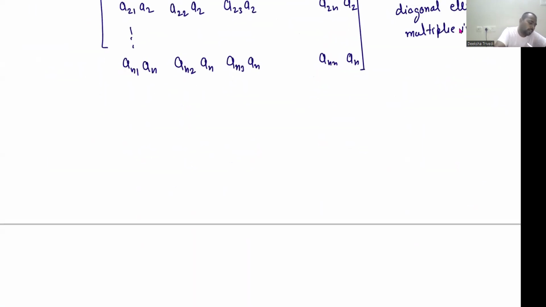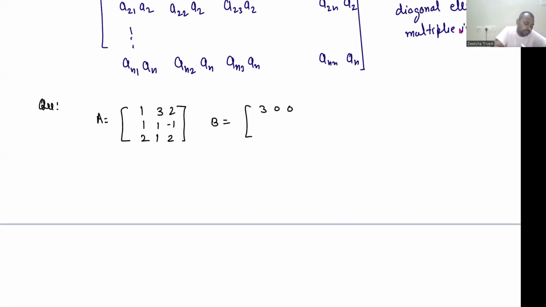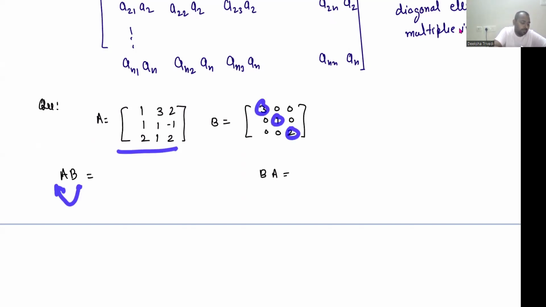Now observe. If I ask a question, we have one matrix A: 1, 3, 2, 1, 1, minus 1, 2, 1, 2. And we have another matrix B: 3, 0, 0, 0, 1, 0, 0, 0, 2. Now tell me what is AB and what is BA. If we compute AB, then B is post-multiplied, so the diagonal elements multiply in columns.